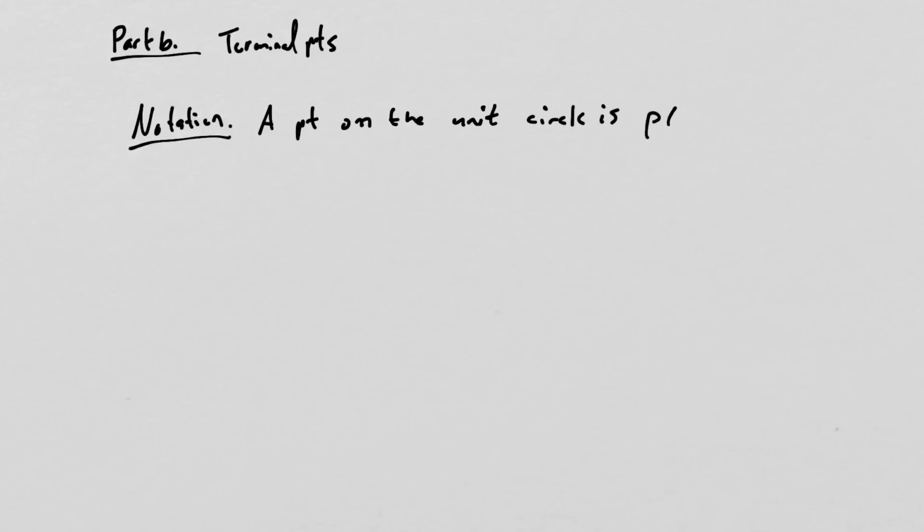Throughout this section, and to be consistent with the book, we'll refer to a point on the unit circle by the following notation. And we'll call points that lie on the unit circle terminal points.